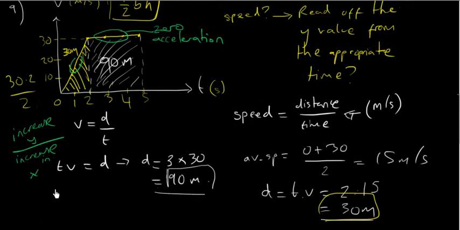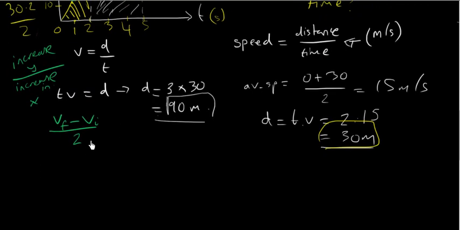So in other words, the final velocity, which was our formula for acceleration from before. Final velocity minus the initial velocity will tell us the increase in the y-axis, here is the v, divided by the increase in the x-axis, which here is from 0 to 2, so 2.